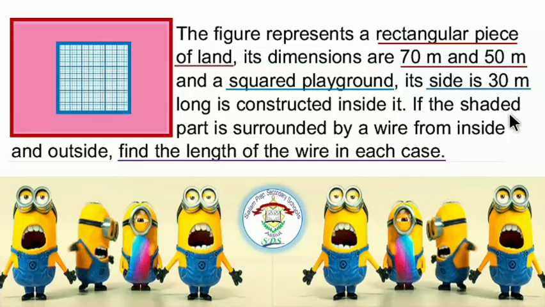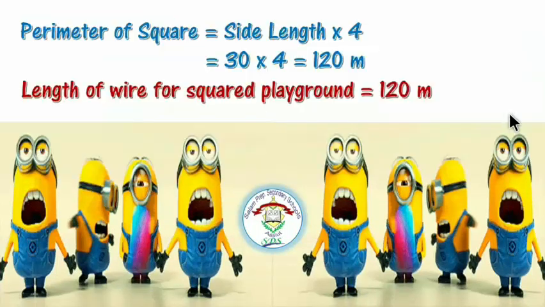Side length is 30, so perimeter of square equals 30 times 4 equals 120 meters. The length of wire for the square playground equals 120 meters.